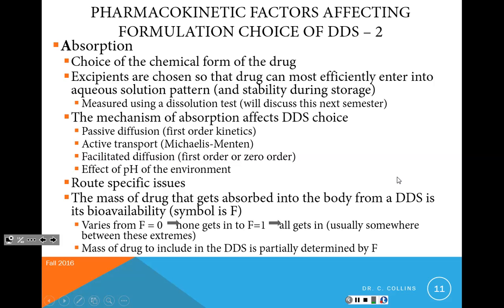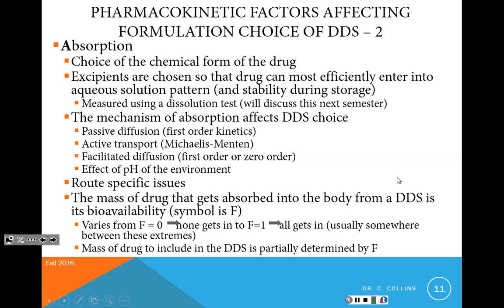If it's at least, believe it or not, 30 or 40% or more, then an oral route is acceptable. There are even some drugs that have been on the market a while that their bioavailability is somewhere around 0.1. Furosemide, Lasix. A standard oral dose of Lasix is 40 milligrams.